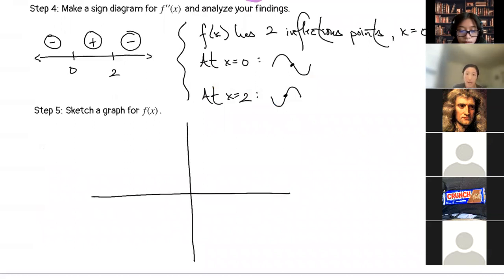We're just going to lay out a grid, x and y, and we're going to mark off all the important x values we saw from above. So 0, 2, and 3.